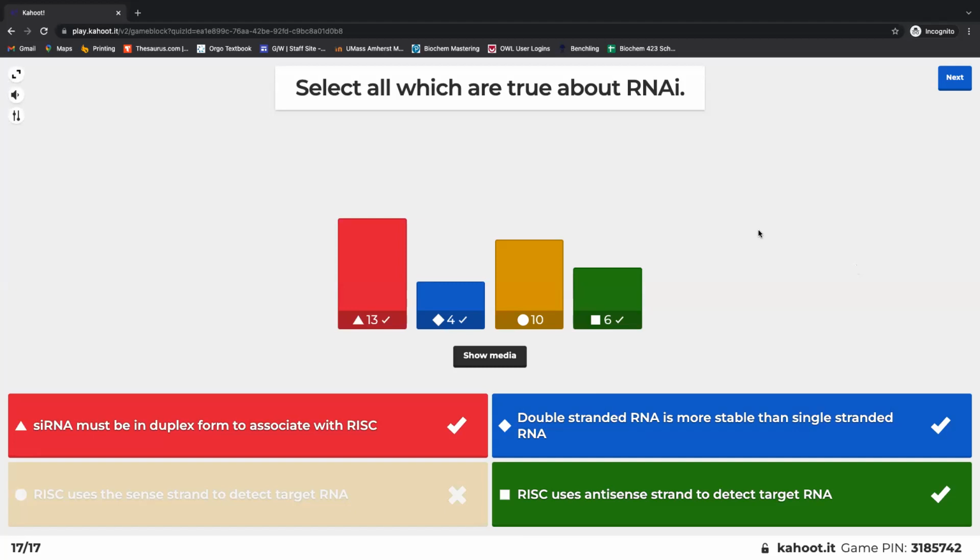Sense is equal to coding. When you say complementary, you have to ask yourself, what is it complementary to? There's mRNA in your cell that you want to target. Do you go about that by creating siRNA that's the exact same sequence, sense, or by creating a complementary strand that's antisense?